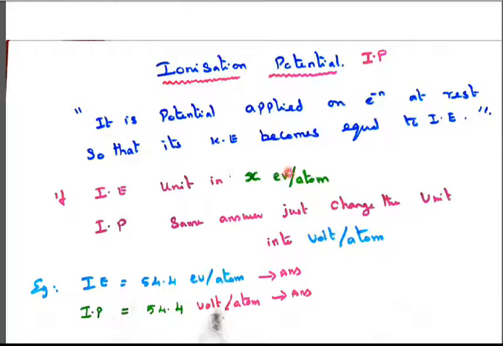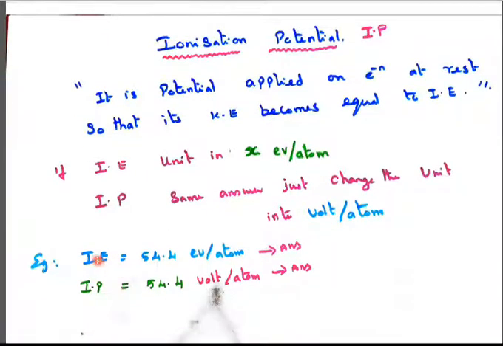If your electron volt per atom is converted into volt per atom, the formula is the same ionization energy formula, 13.6 into Z square eV per atom. The same formula is applied here, but the only change is the unit, volt per atom. For example, the ionization energy in the previous problem we got was 54.4 electron volt per atom.